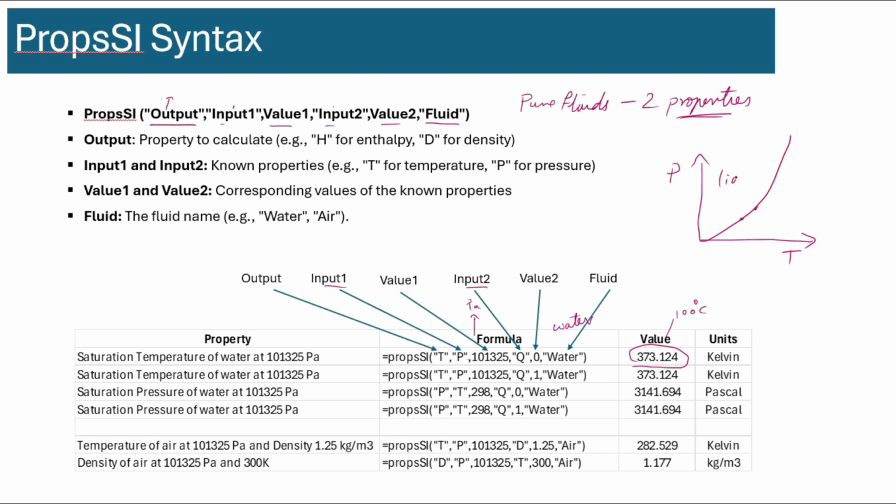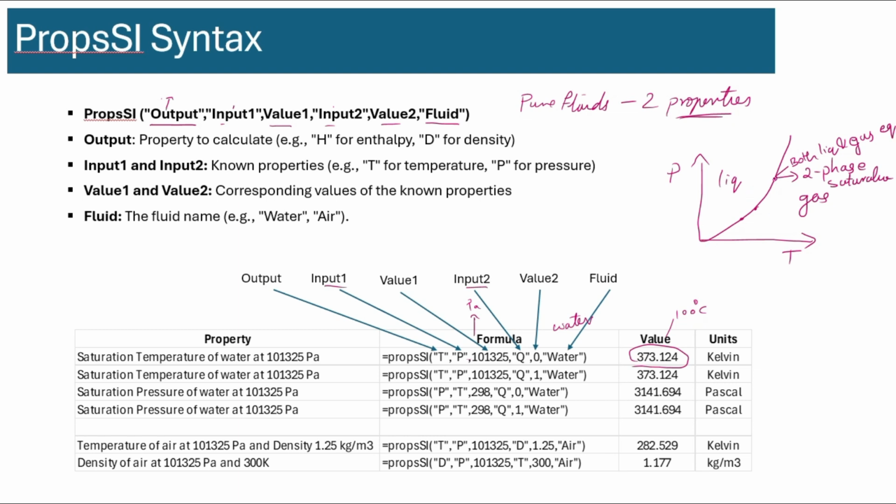This side is liquid, this side is gas, and this line is the two-phase line or the saturation line. Okay, so basically you have both liquid and gas here at equilibrium.